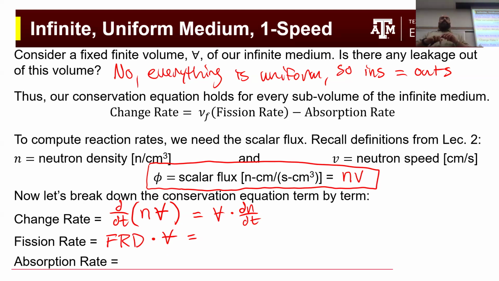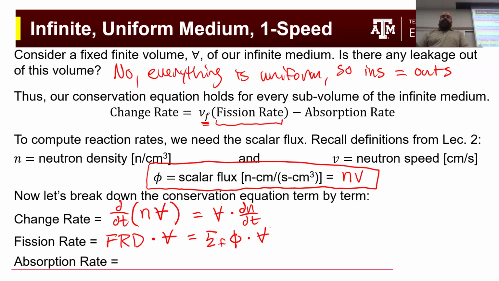And then the fission rate density is going to be my macroscopic cross-section sigma f times the scalar flux. That's my fission rate density. And then I'm going to multiply by that volume V to turn that density into a rate. And then that's just the fission rate. Technically, that nu F is still going to be in front of it once we plug all of these into our conservation statement.